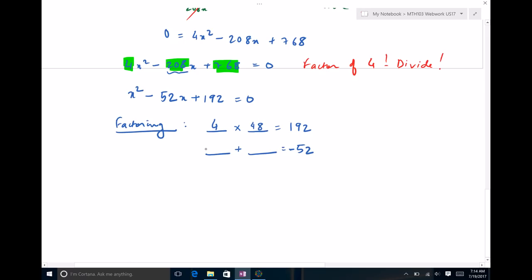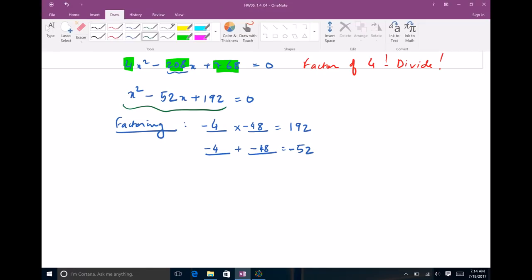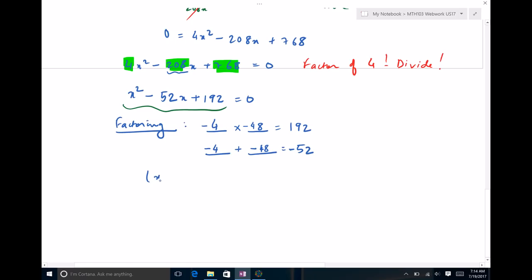But since I need a negative 52, what I'm really looking for is negative 4 times negative 48, since when I add up those two numbers, I get 52. So that means that the factoring of this expression gives me x minus 4 times x minus 48 equals 0.